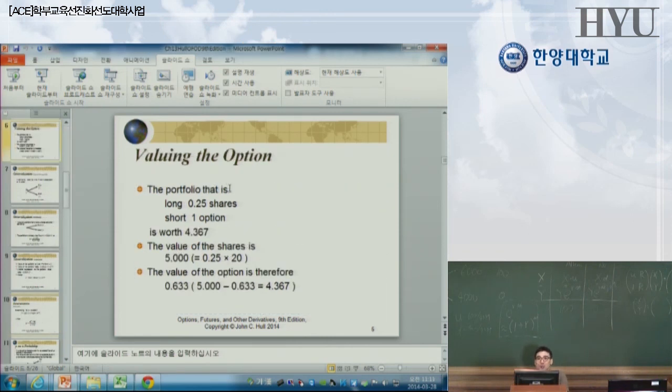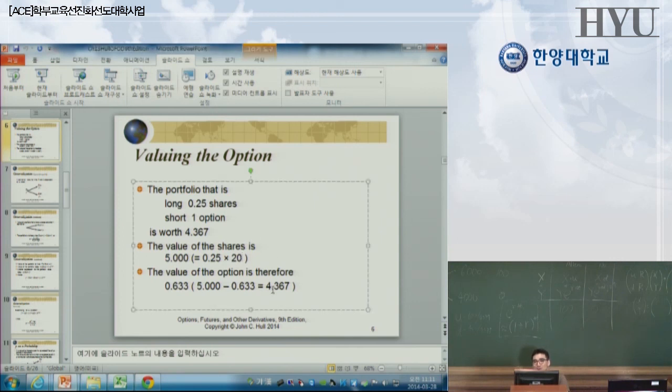Now the portfolio where we buy 0.25 shares and short one option is worth $4.367. By the way, the stock price is currently $20, and I need a quarter of a share, which is $5.